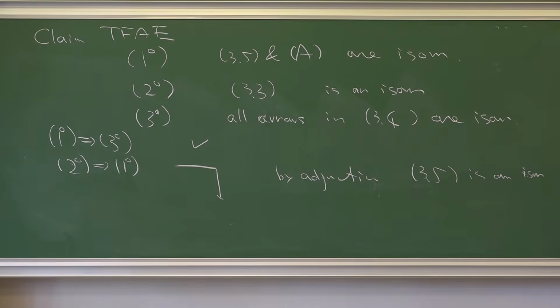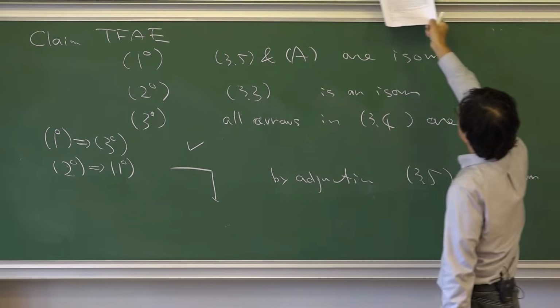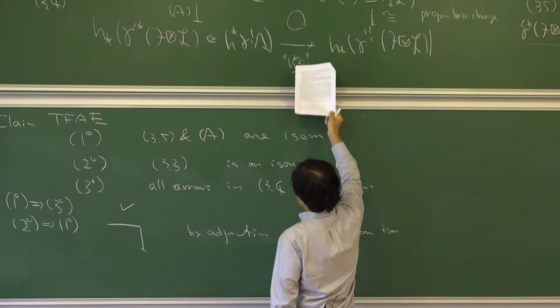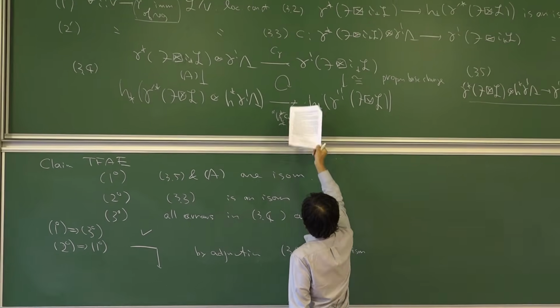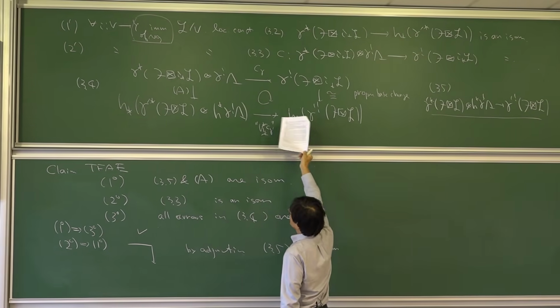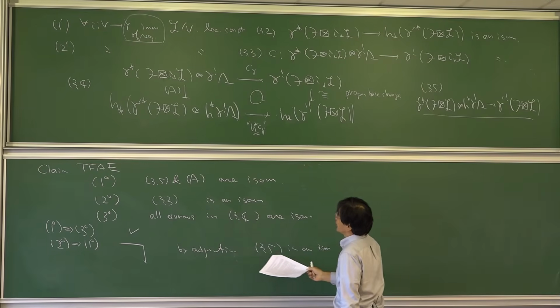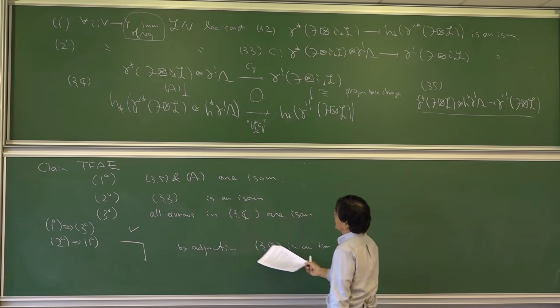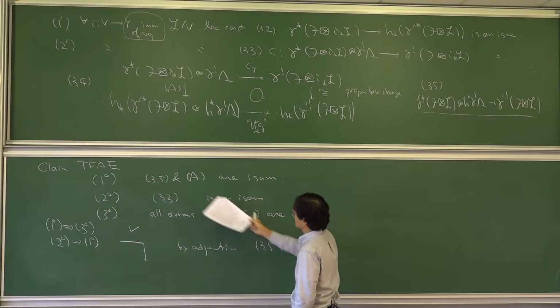So 3.5 is an isomorphism, then this is an isomorphism. And by our assumption, that and that are isomorphisms. So yeah, A is also an isomorphism.